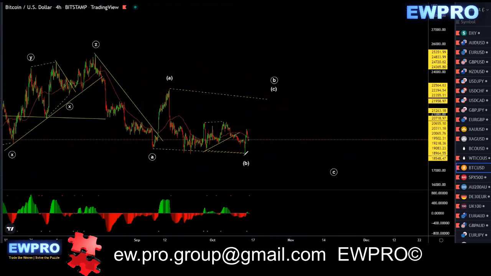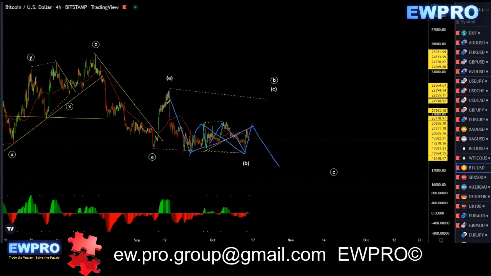We didn't get a big enough move up in here. That's why I'm looking at it as it's going to become more complex, as an A, B, C in here. Then we get an A, B, C, A, B, C, A, B, C before we get the larger A, B, C.